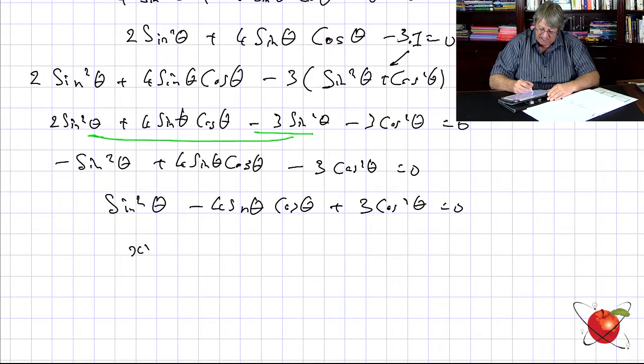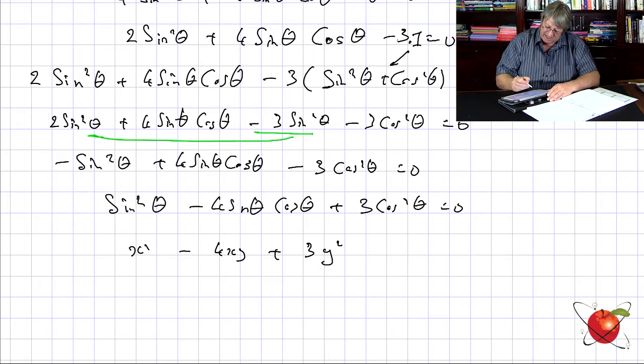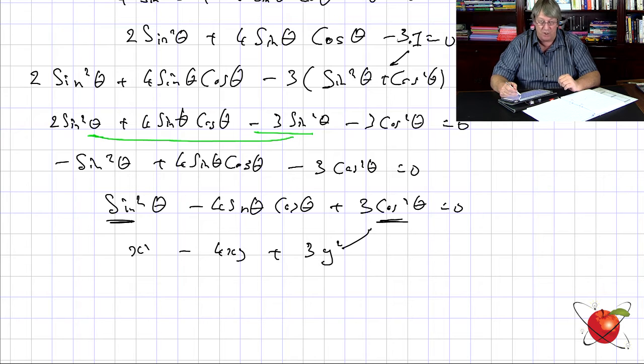Now, you're going to be saying to me, okay, so what? Do you remember right back grades ago when we had x squared minus 4xy plus 3y squared? Can you see that's like an x squared? It's a sine squared. This is like a y squared. It's a cos squared. And this is the mixture of the two terms.